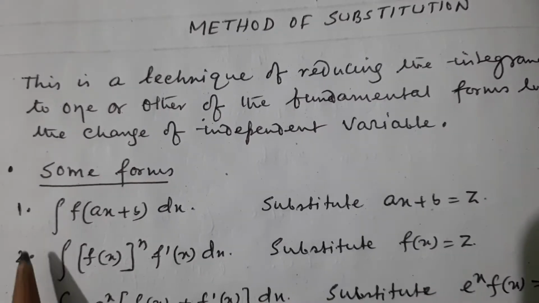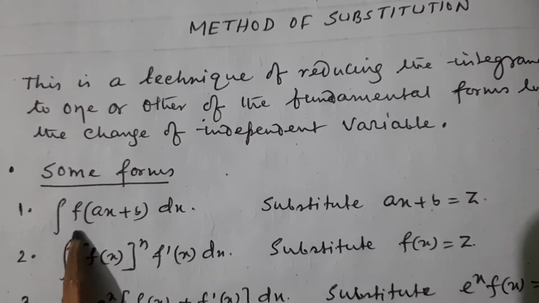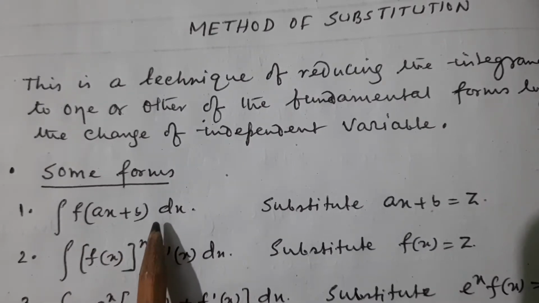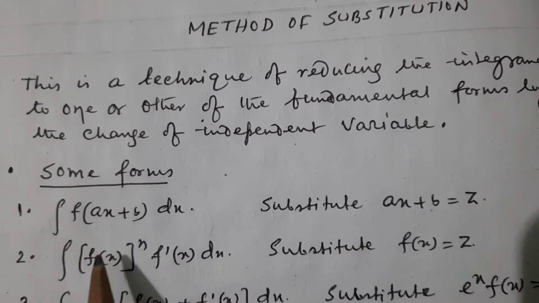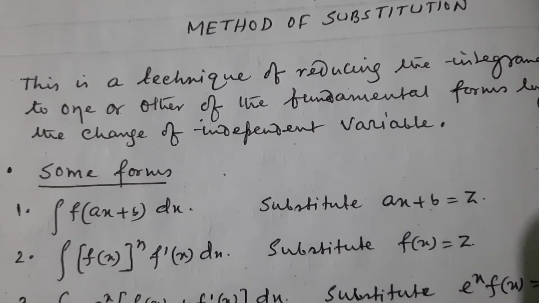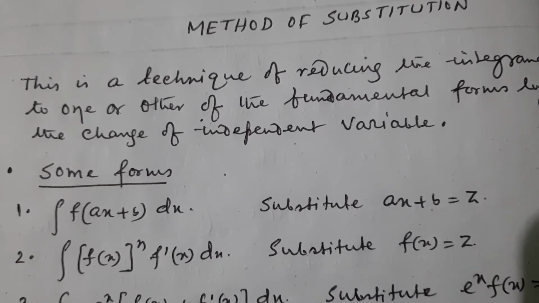Number 1, integration of f of ax plus b dx. In this type of function, we just substitute ax plus b equals z.